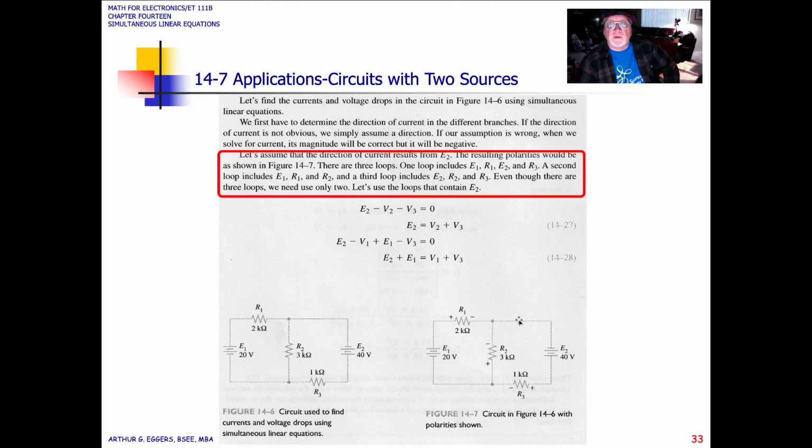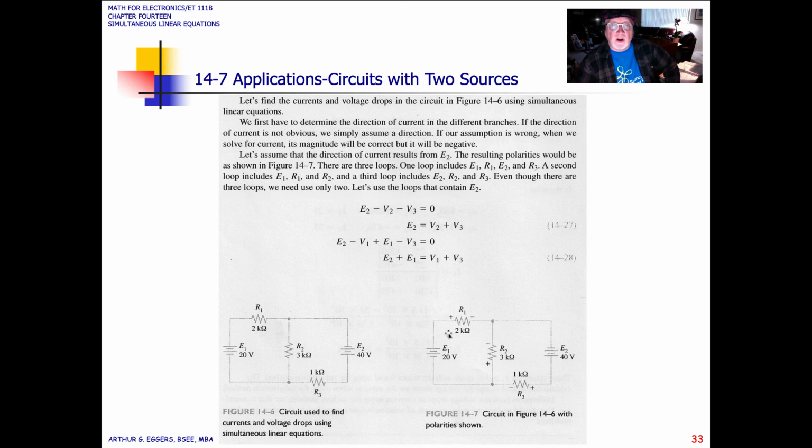So pretty much what we've done is we've gone through the outer boundaries of the schematic. A second loop includes E1, R1, and R2. So that is our first inner loop in the schematic. The third loop includes E2, R2, and R3. So that's our loop on the other side here.